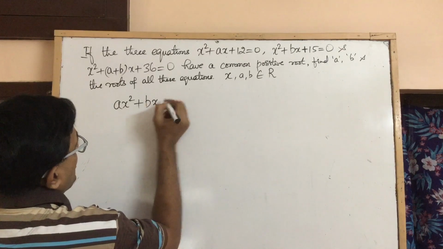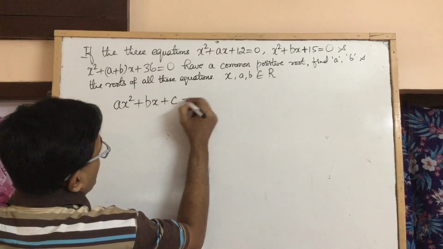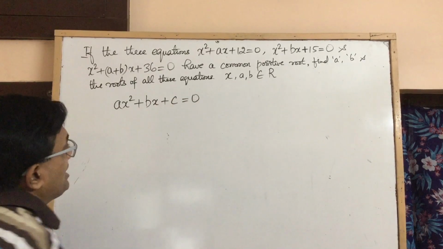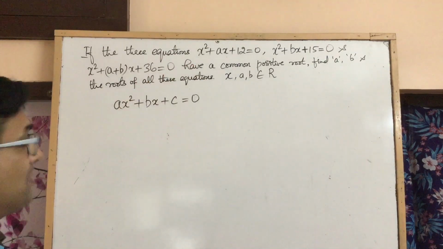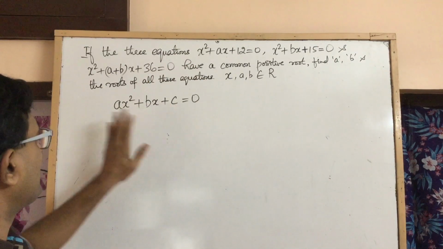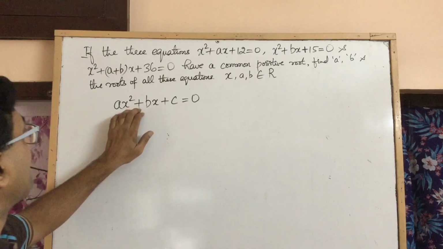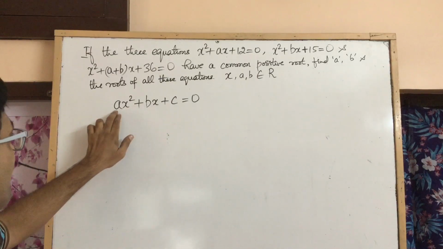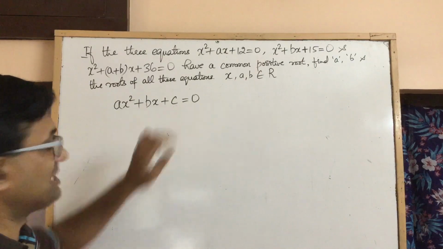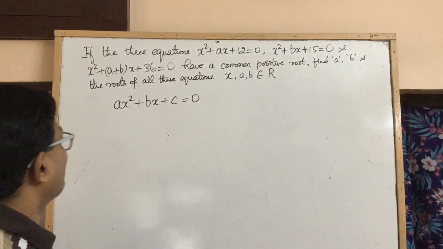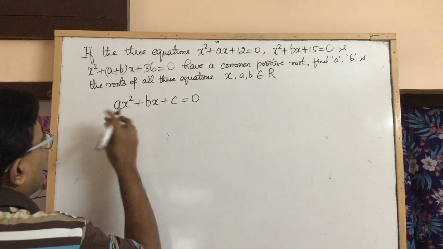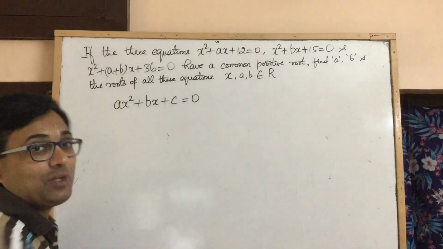We'll take a sneak preview and the basic technique, basic theory required for solving this problem. Let's look at the quadratic equation ax squared plus bx plus c is equal to 0, where a is the coefficient of x squared, b is the coefficient of x, and c is the constant term. Now, of course, if a is 0, then we don't have a quadratic.